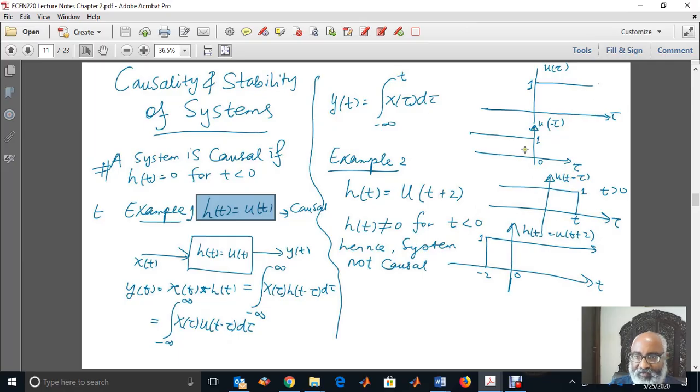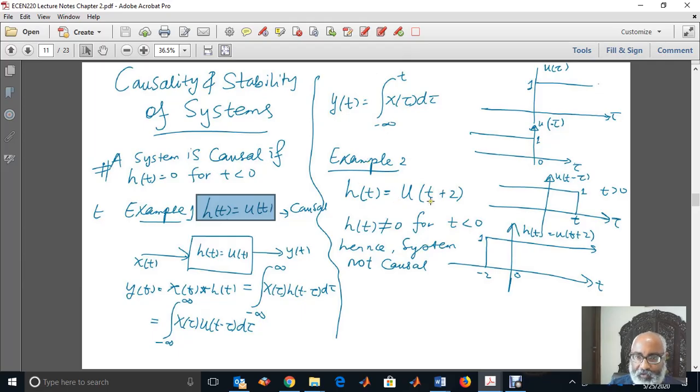So the unit step function helps me know the limit of integration, from minus infinity to t. So you see, y at time t depends on previous values of x until the present value t. So the system is causal.